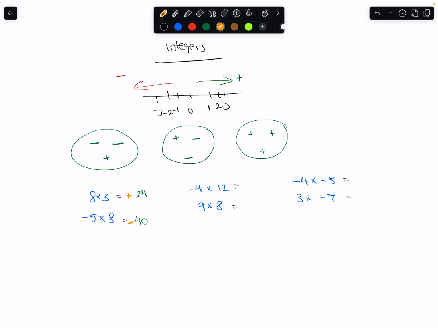So our answer here is -40. Next, 4 times 12 is 48. Once again, negative times positive, so the sign is negative. Then 9 times 8 is 72. A positive times a positive is positive.